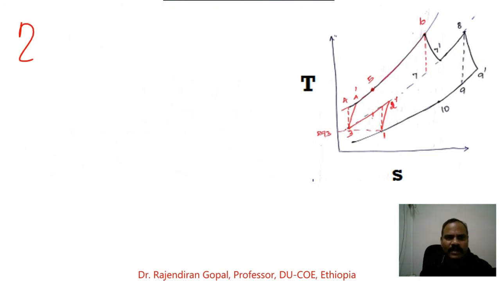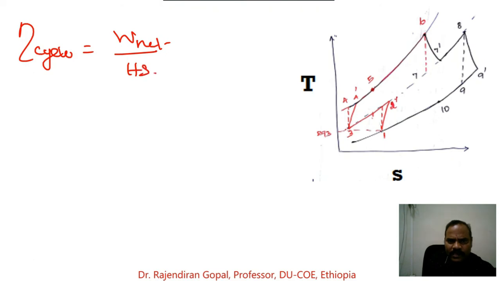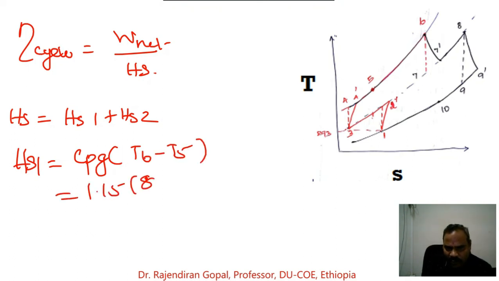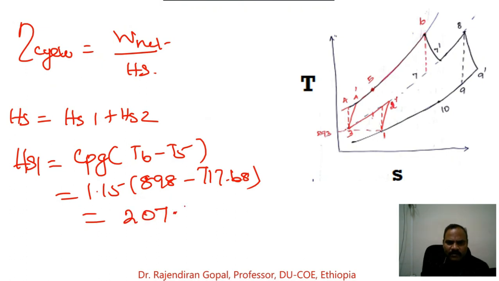Now overall cycle efficiency, work net over heat supplied. Heat supplied is equal to heat supplied 1 plus heat supplied 2. Heat supplied 1 is equal to Cp of gases into T6 minus T5, that is equal to 1.15 into (898 minus T5), 717.68, that is equal to 207.368 kilojoule per second.